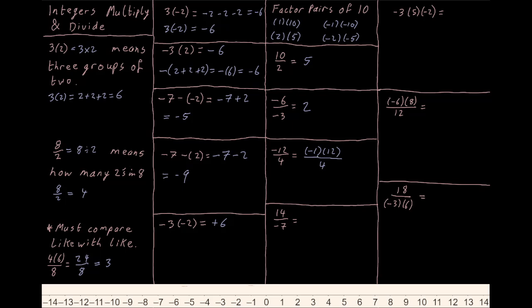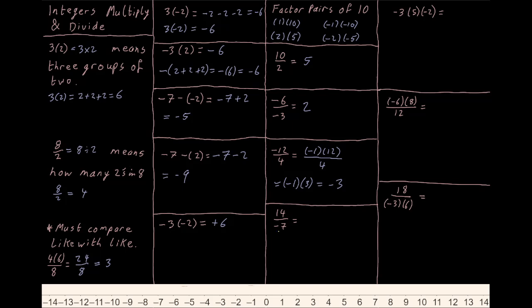It would be 3. So we have minus 1 groups of 3, which is minus 3. So if we have 4 divided into minus 12, that's the same as having minus 1 groups of 4 divided into plus 12, and we end up with minus 3 as our answer.